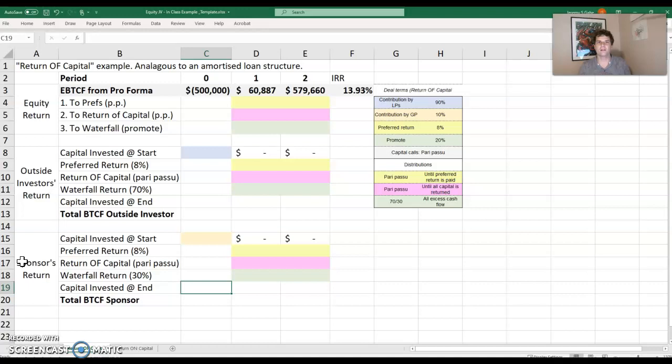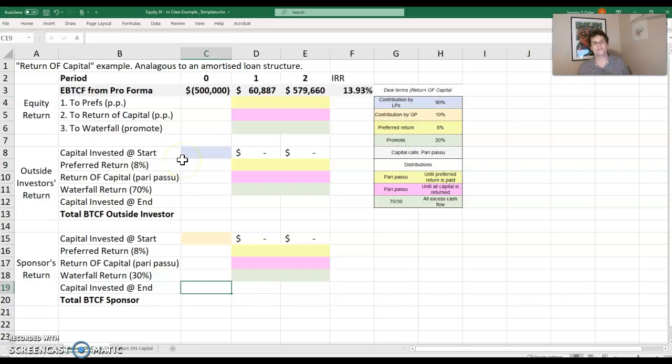Then money left over goes to return of capital, again pari passu, and any remaining money after we've returned all of the capital to both parties is in the waterfall. And that would be distributed with that 20% promote, which means 70% of it goes to the outside investors, 30% to the sponsor. Again, strong incentive to get that money flowing in the waterfall.